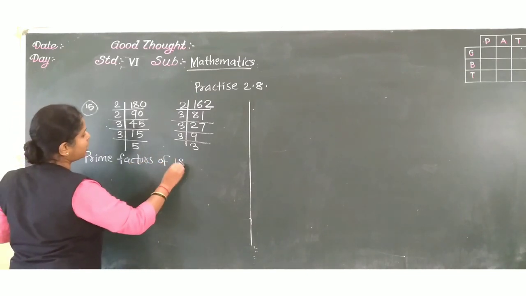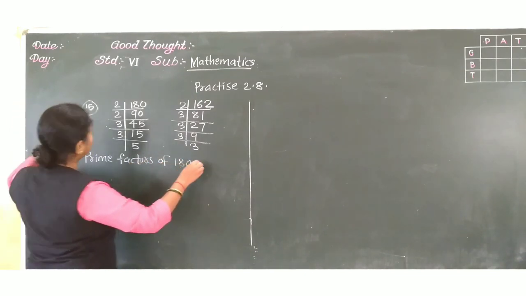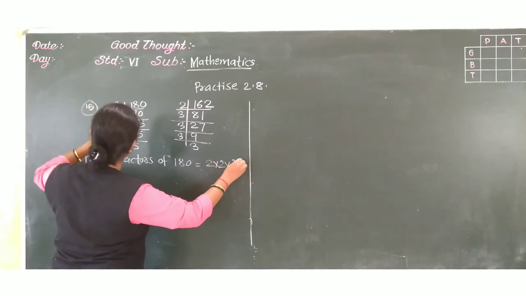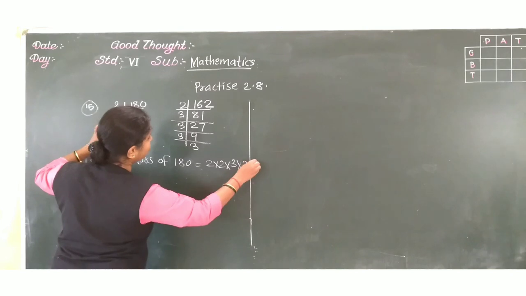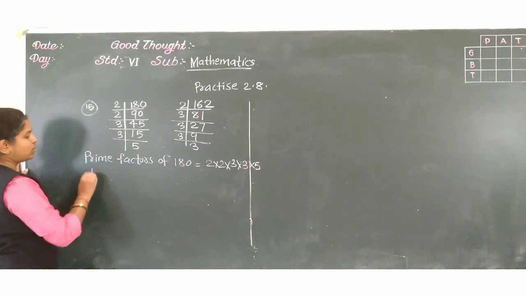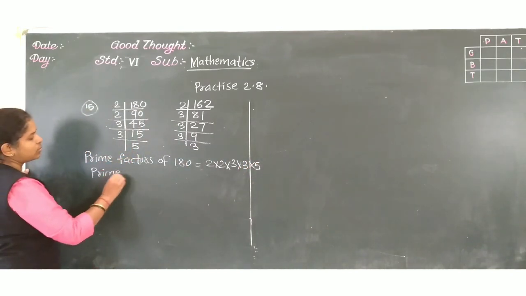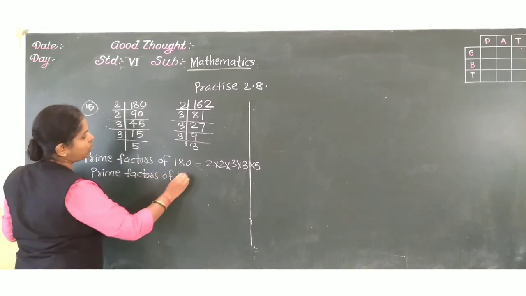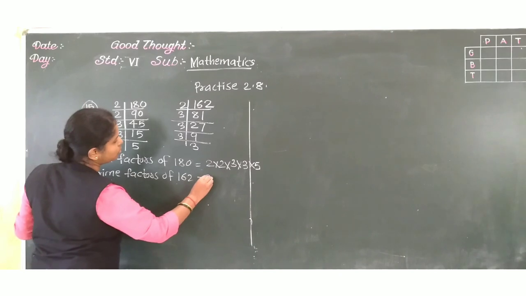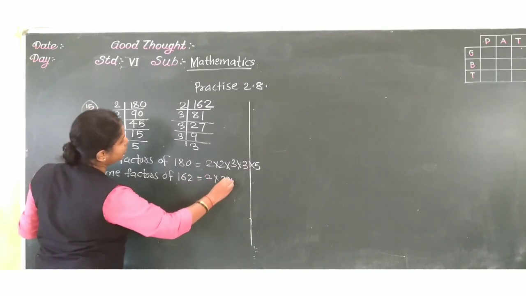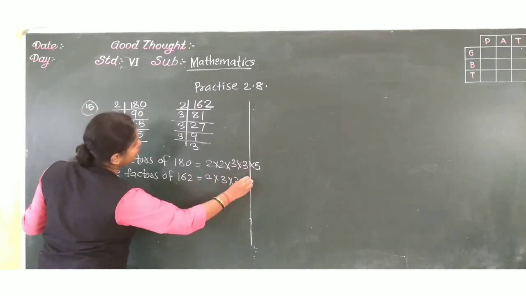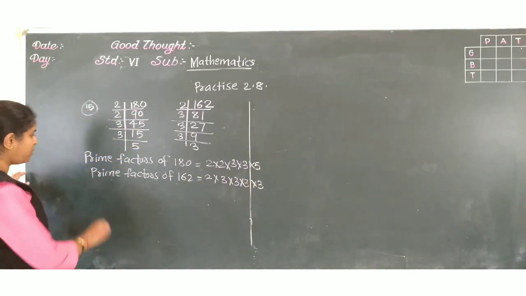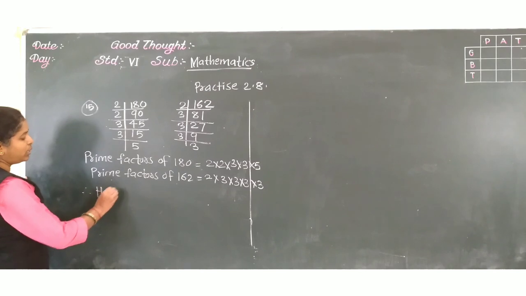Now, prime factors of 180 is equal to 2 into 2 into 3 into 3 into 5. And prime factors of 162 is equal to 2 into 3 into 3 into 3 into 3. Now as we want to find HCF, what do we take?